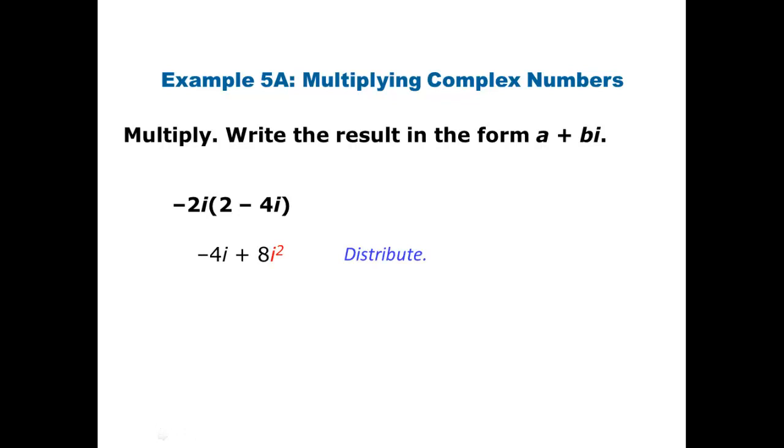So we get -4i plus 8i squared. Okay, and then remember that i squared is -1. So we get the answer -8 minus 4i.